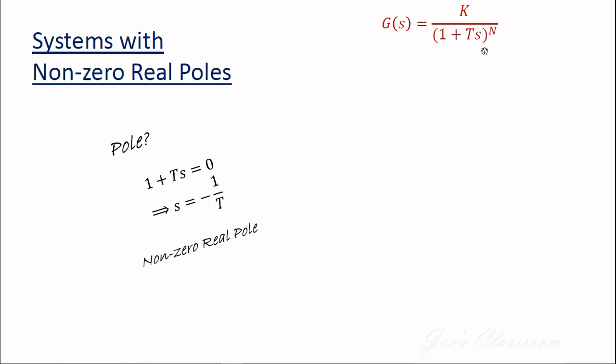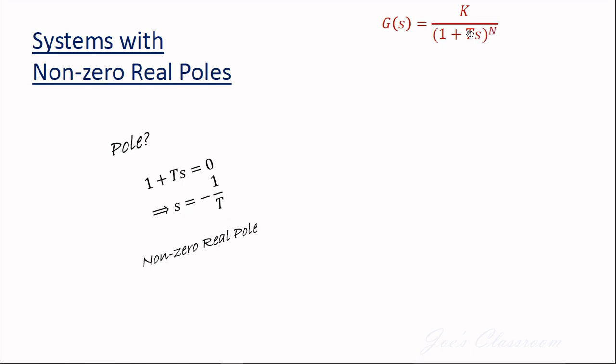Of course, for n factors, I will get n such equations, and each equation will have a solution of s = -1/T. So the pole of the system is -1/T, and the number of poles will be equal to n. Otherwise, I can say that for this system, there are n poles at -1/T.